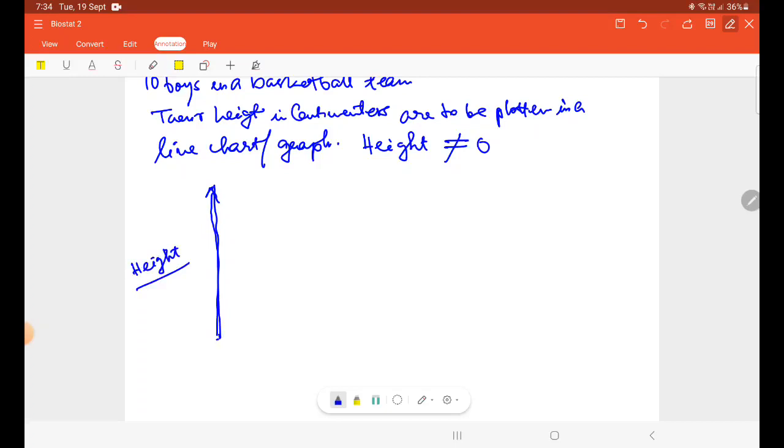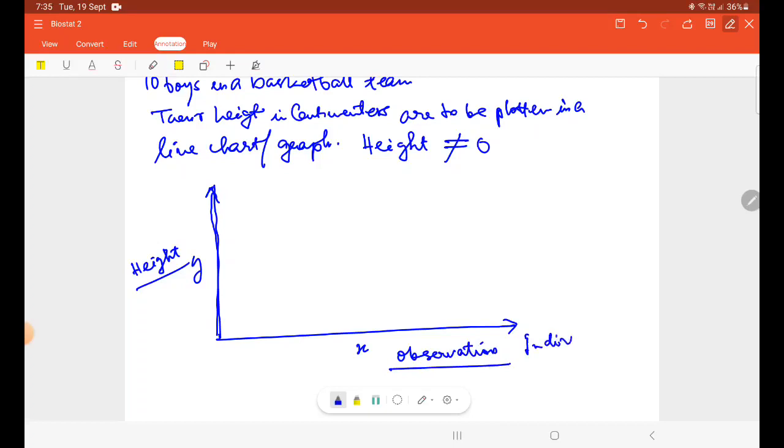And in the x-axis, we shall plot the observation. So there is no class. It is individual observation. In the histogram and frequency polygon, what we have seen, we had a class interval and the class was plotted on the x-axis.